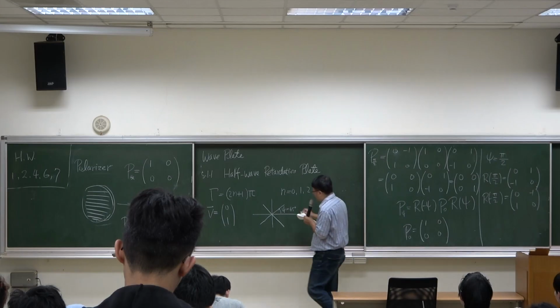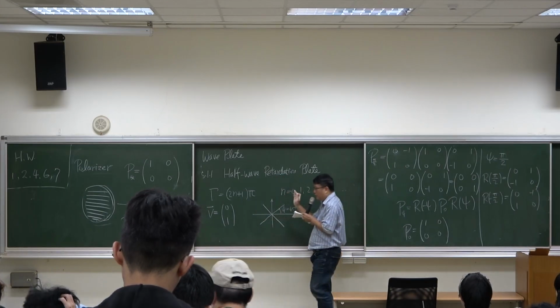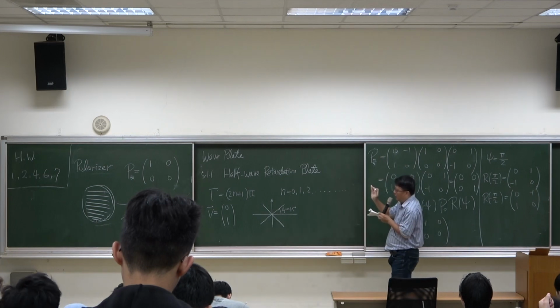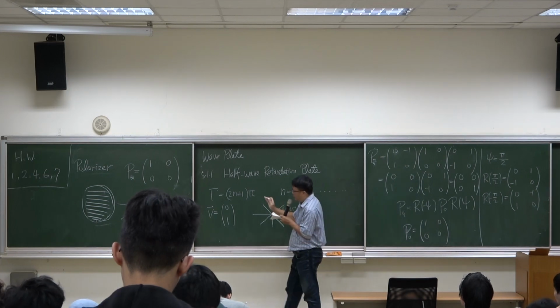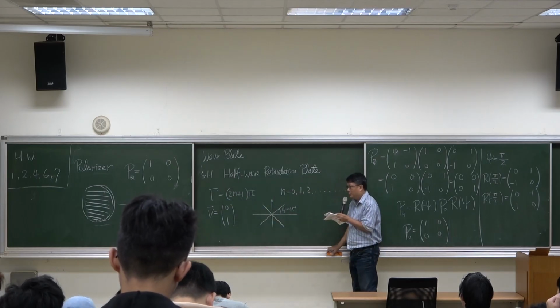Then originally we have polarization along the y direction. We want to know what is the resultant polarization after penetration through this half-wave retardation plate.